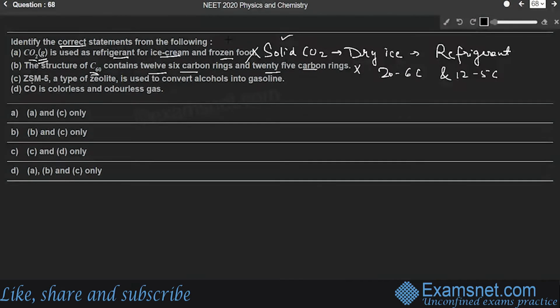It says ZSM5, a type of zeolite, is used to convert alcohols into gasoline. So yes, this is a correct statement. And the last one is carbon monoxide is colorless and odorless gas. Yes, we know that carbon monoxide does not have any odor or color. So this is also a correct statement. That means only statements C and D are correct. So option C will be the correct choice.